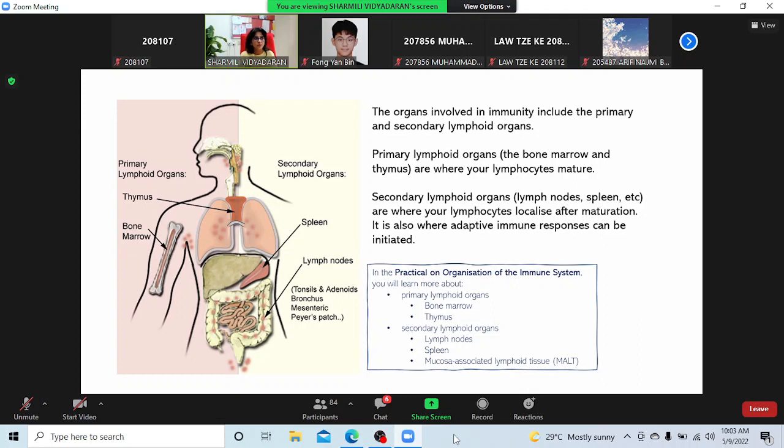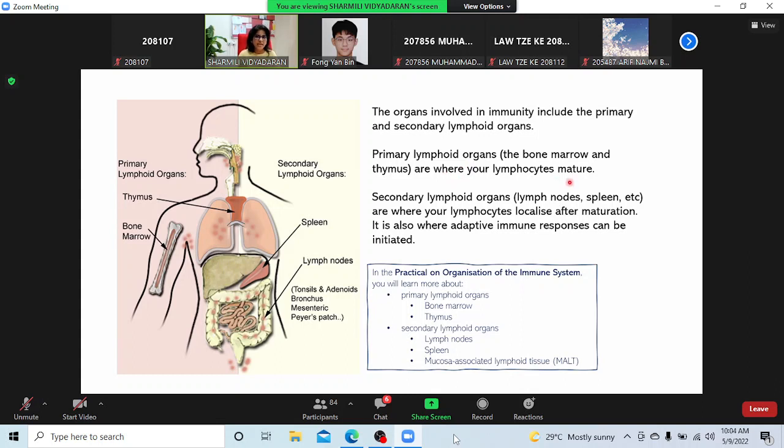For an immune cell to be born, become equipped and mature, there are two important organs involved, the thymus and the bone marrow. So those two organs we automatically call primary lymphoid organs. You can see on the slide, the actual definition is there. Primary lymphoid organs are where your lymphocytes mature.